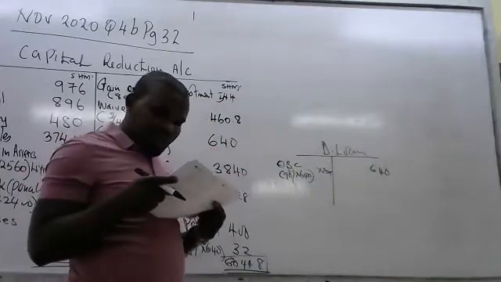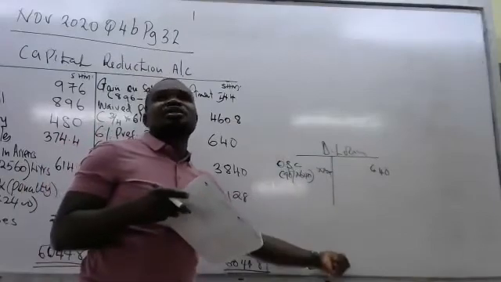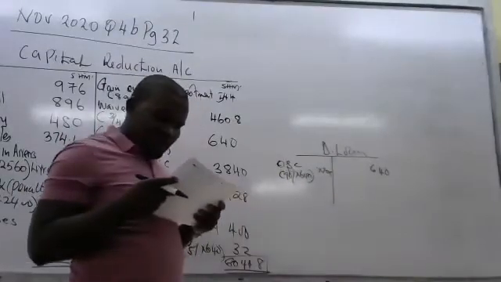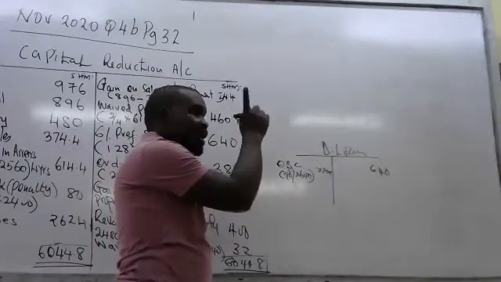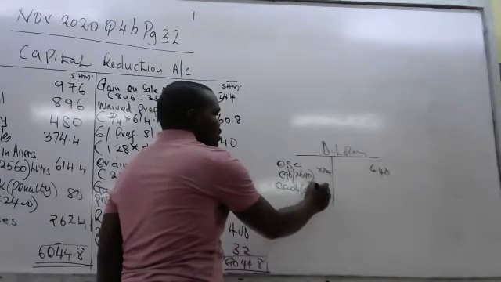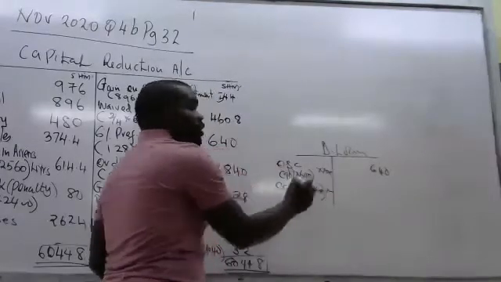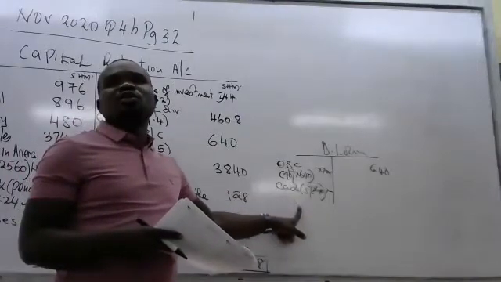The corresponding entry will be to credit the share capital to increase the shares. Then 5% they were supposed to be paid in cash, so they want 5% of that 640, and the corresponding entry will be crediting the cash book.